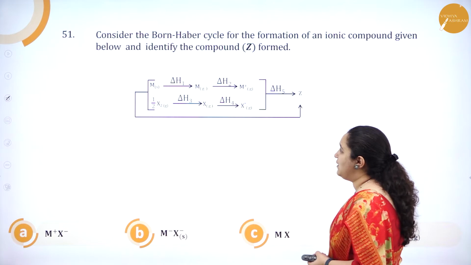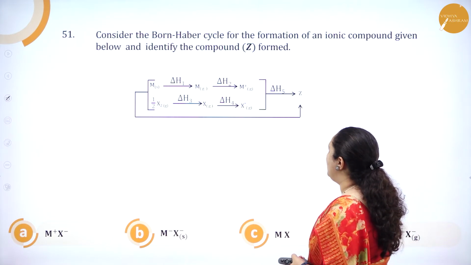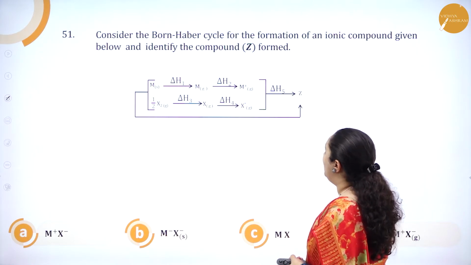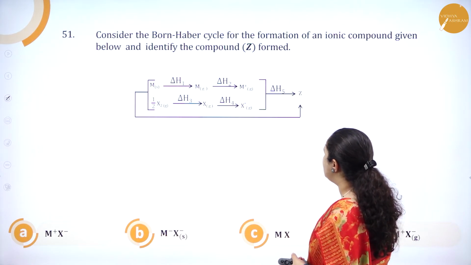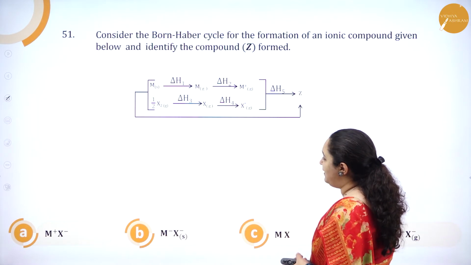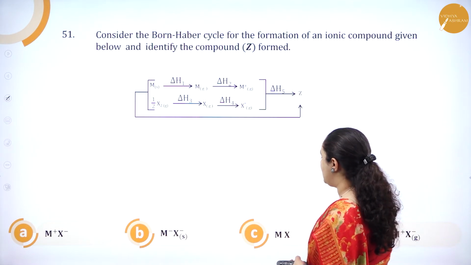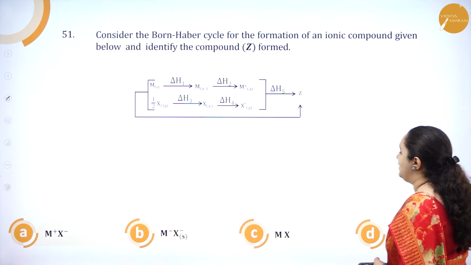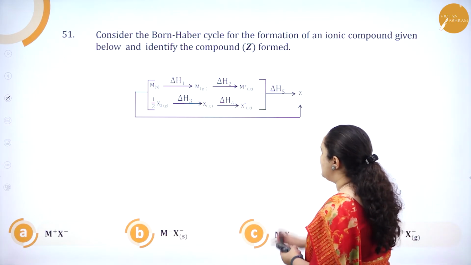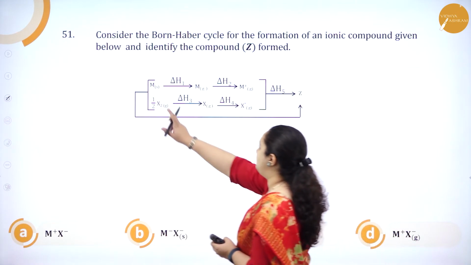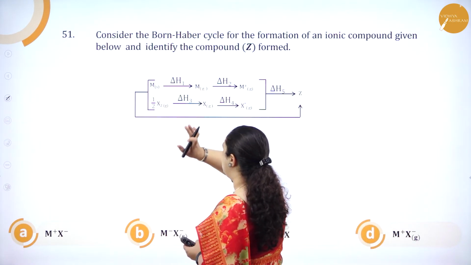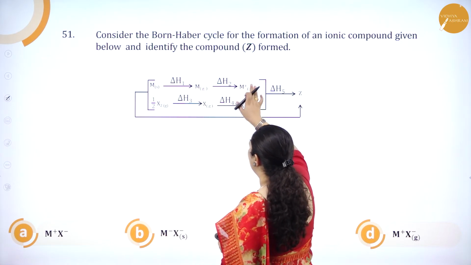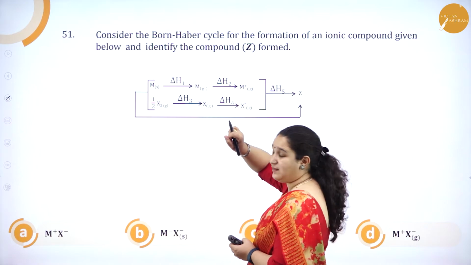Okay. Next question. Consider the Born-Haber cycle for the formation of an ionic compound given below and identify the compound Z which is formed. M+X-, M-X-, MX, M+X- gaseous. See, this is the Born-Haber cycle in which first the metal in the solid state is going to the gaseous state, that is sublimation. From the gaseous state, there is removal of an electron, that is ionization enthalpy.